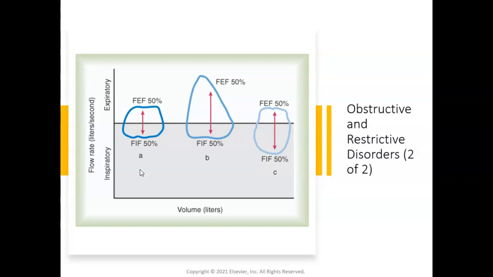Because the trachea is a big tube, it's going to affect how inspiration happens more than expiration, and flatten that inspiratory portion of the curve. So this is where it's going to flatten that inspiratory, as seen in this one here.